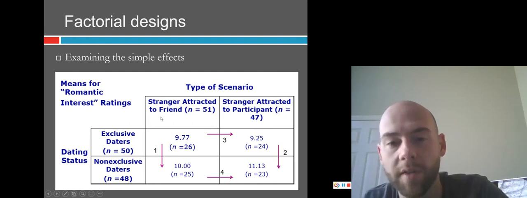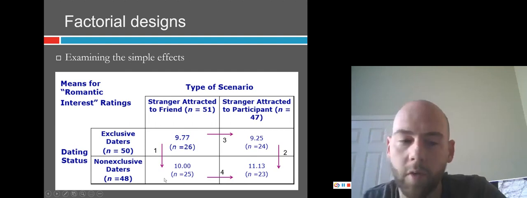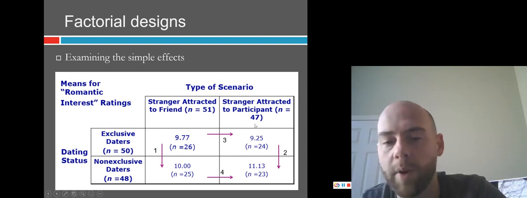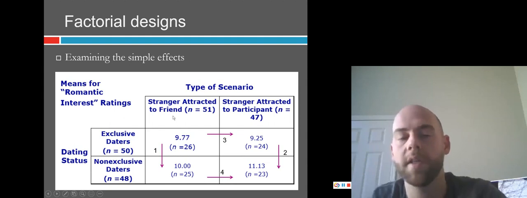But then you can also look at the effect of scenario in the different dating status conditions. So for exclusive daters, scenario is represented here with this 3rd line. And for non-exclusive daters, the effect of scenario is represented here. So you need to look at all these comparisons, these simple effects, to see where the interaction is actually having some kind of action, basically.